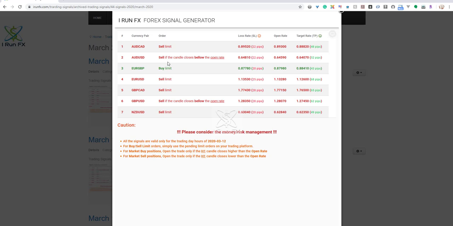Let's see, how do we use the market signals like this one, AUD USD or pound USD, US dollar? This is very important. The instruction says for market sell positions like this, open the trade only if the H1 candle closes lower than the open rate.